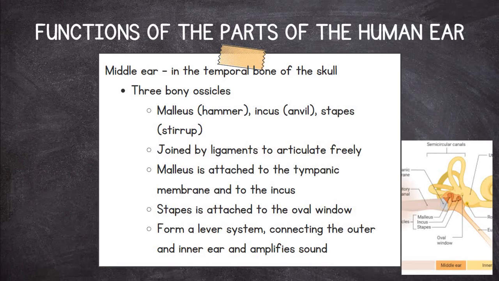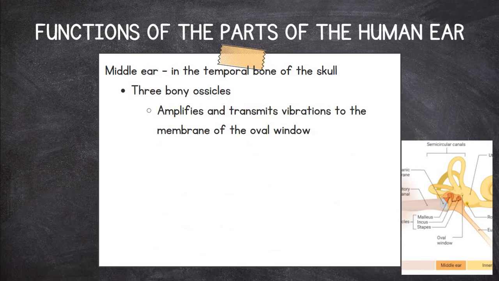Okay, so that is why they are important. They amplify sound by vibrating. So like we said, they amplify and transmit vibrations to the membrane of the oval window. So that is their function, to transmit these vibrations, to amplify these vibrations, and move them to the oval window.